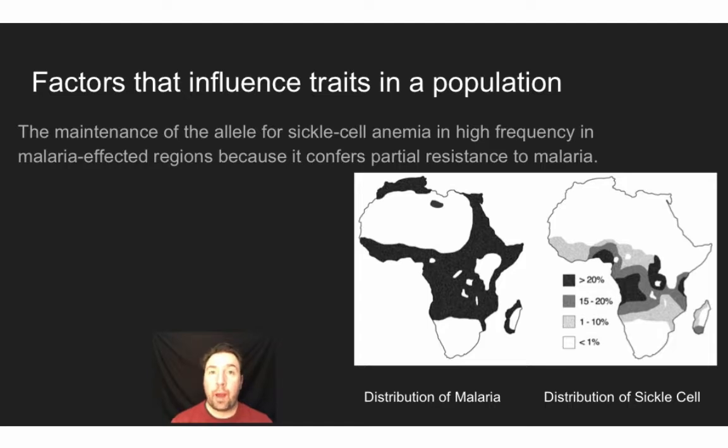And so if you have these sickle cell traits and you're allowed to survive because of the presence of that trait, and survive infancy and childhood and reach reproductive age, you're going to pass those traits on. So even though we don't think of humans as being strongly influenced by natural selection, this is a good example of how humans are under the forces of natural selection in a very clear and obvious way.